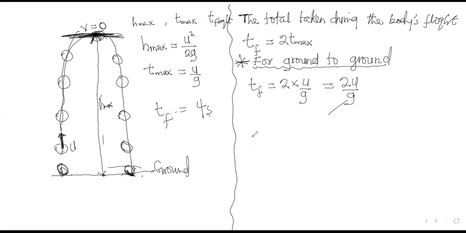Now, for ground to ground, what will be the total height traveled, H total, or the maximum distance traveled? For ground to ground, what do you think will be the total distance traveled?